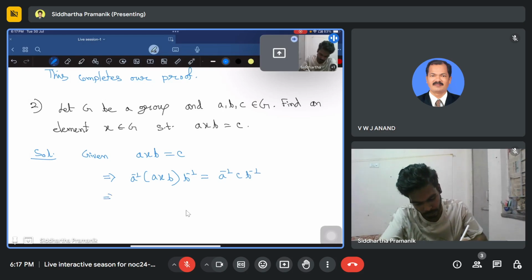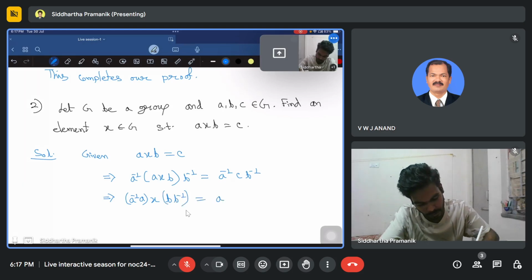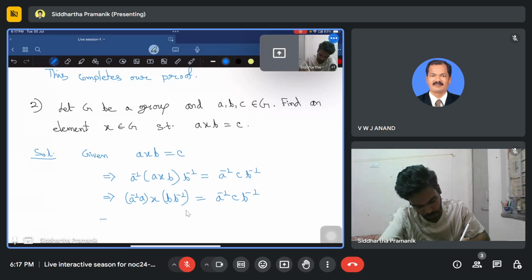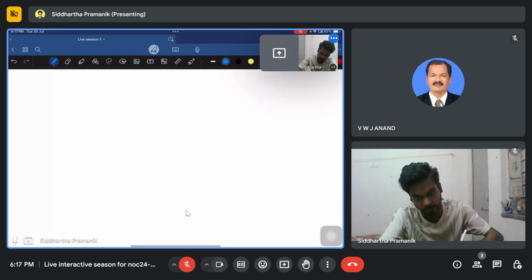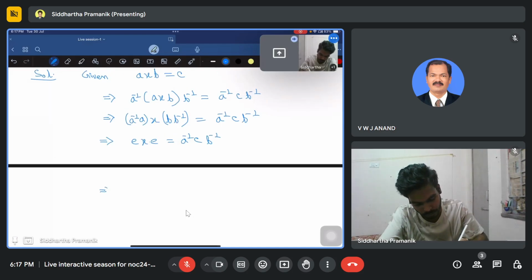Now by using the associativity on the left side, we have A inverse A times X times B inverse B. This is the same as A inverse C B inverse. So this is identity element times X times identity element, the same as A inverse C B inverse. So that means X equals A inverse C B inverse.